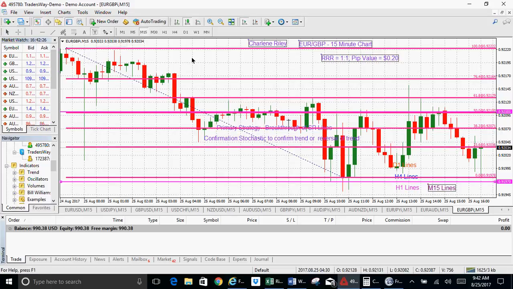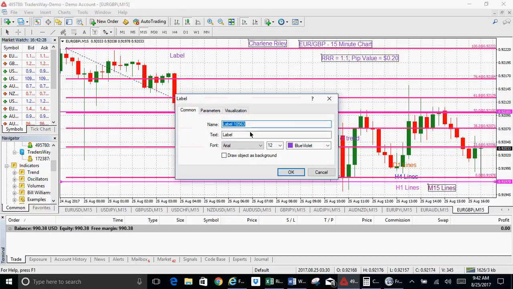Now let's note the major trend. Trend is also a downtrend.